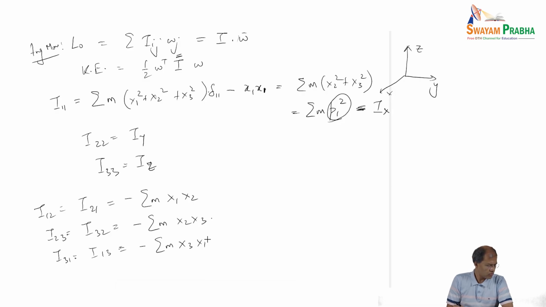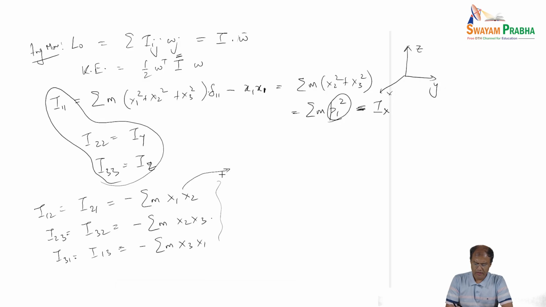Okay, so these are the off diagonal elements, and as we can see, the diagonal elements are exactly the moments of inertia, and the off diagonal elements are the shear moments or the other second order moments. They have a negative sign, so they are the negative of the corresponding products of inertia.